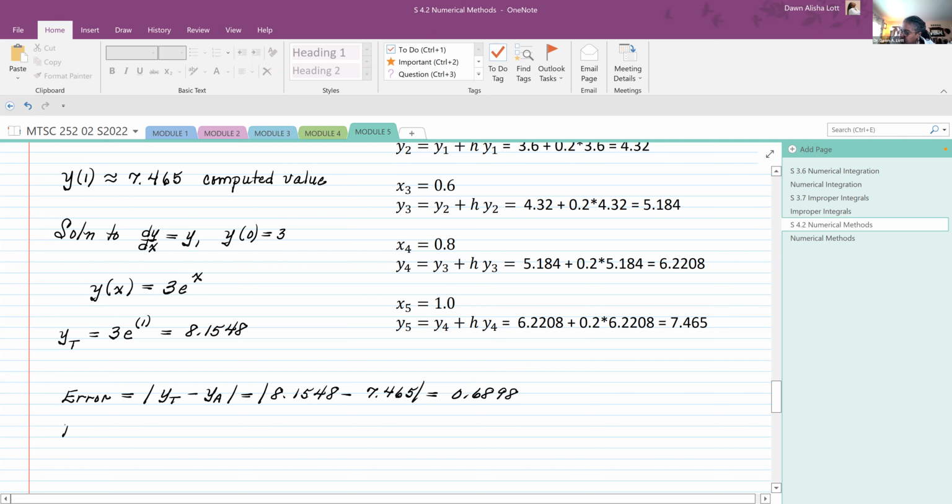How do you find the relative error? We found relative error before. Given this information, how do I find the relative error?